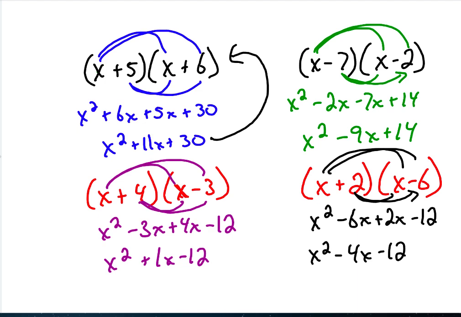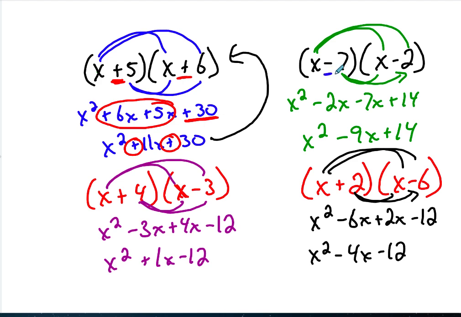So here's what I really want you to focus on, the signs of our answers. Okay? So when I had addition and addition for both binomials, my answer was both adding in the middle term and adding on that last term, because a positive times a positive gives me a positive last term, and then they were both positive, so they got added together in the middle.